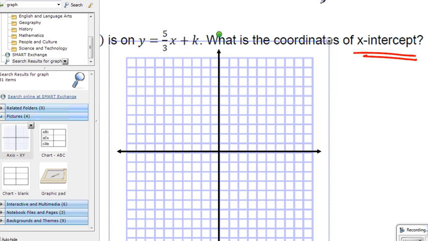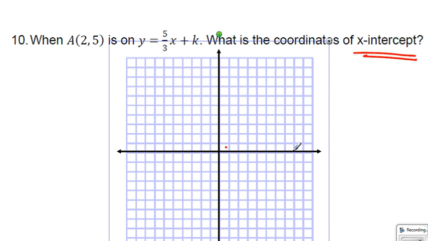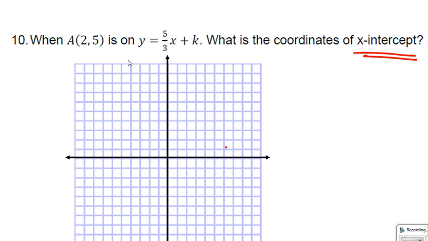So here we have an XY graph. Now, here we have the point 2, 5. That's the point right over there. It's on this line.